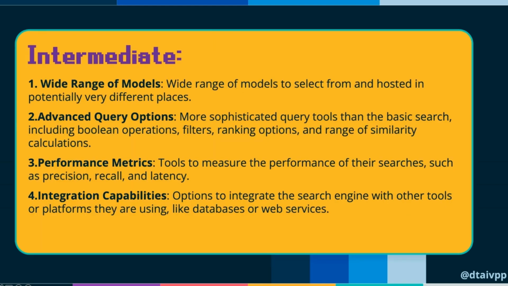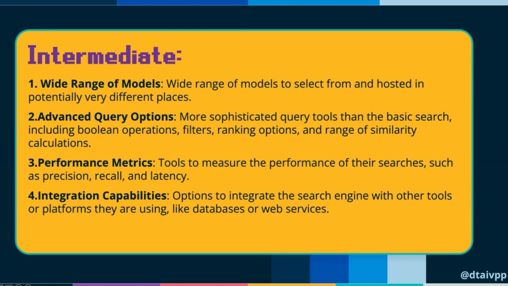Let's look at our intermediate users. The intermediate users, you've started to see how vectors work. You're starting to understand the different methods. Maybe you've seen some issues with vector search. You say, oh, well, when I do this search, it's not returning the vectors I expect.